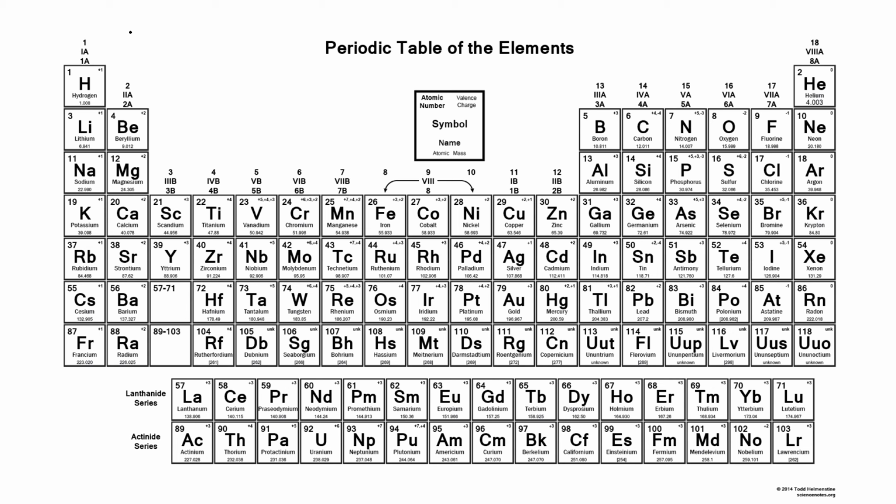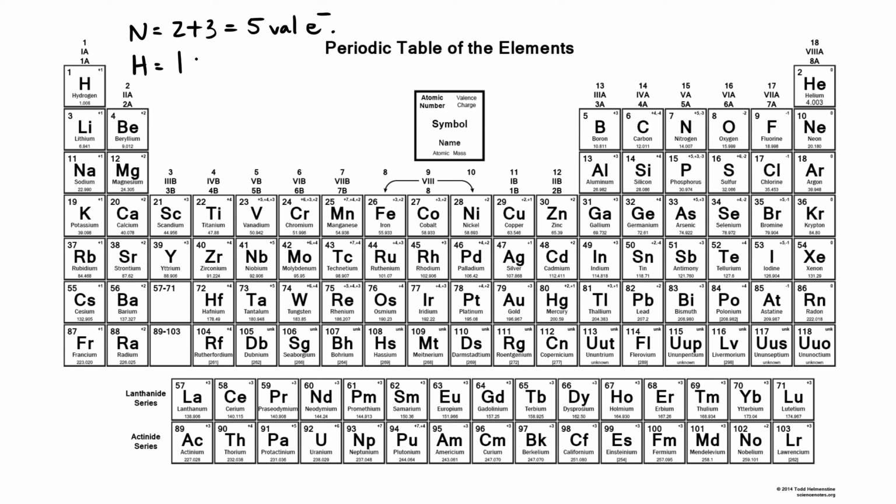Now, nitrogen has 2 electrons in the 2s and 1, 2, 3 in the 2p. So that's going to give us a total of 5 valence electrons that nitrogen is going to use when it's bonding to other elements. Hydrogen, on the other hand, only has its 1 electron.